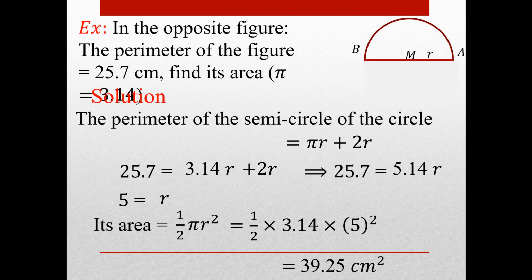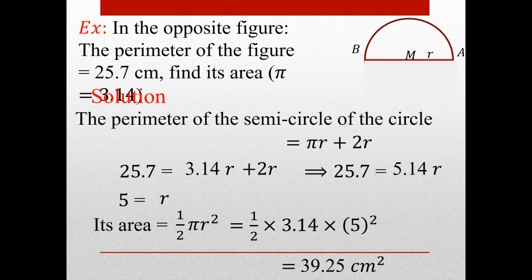Again, in this question I have a half circle with its diameter, and the perimeter of this figure is 25.7. 25.7 means the semicircle and its diameter. So I write the rule: the perimeter of a half circle equals pi r plus 2r. So 25.7 equals 2r plus pi r, and pi is 3.14. I don't know r, so I write r plus 2r.